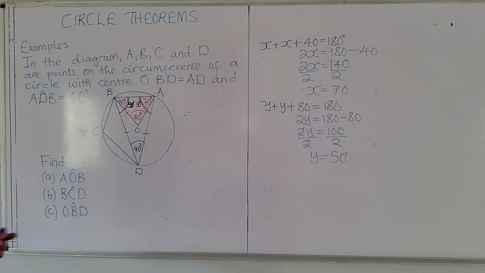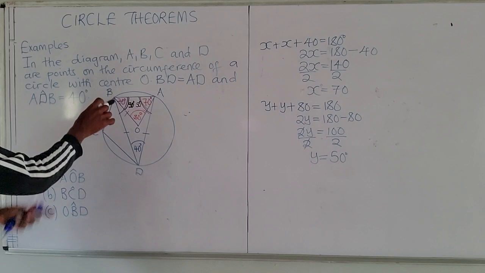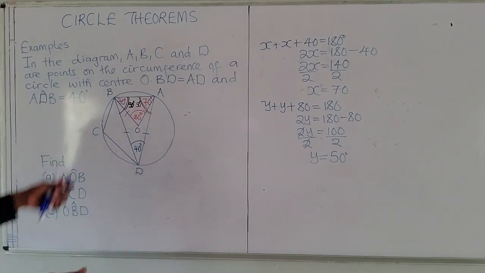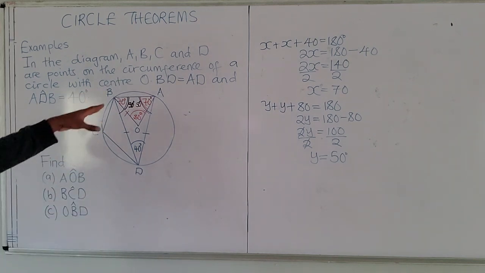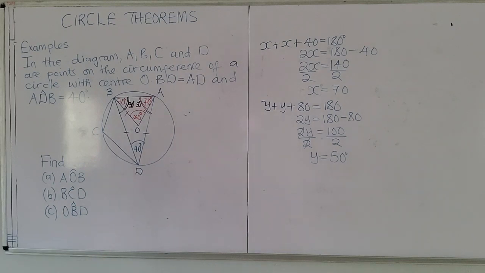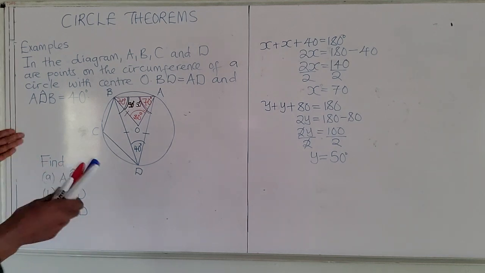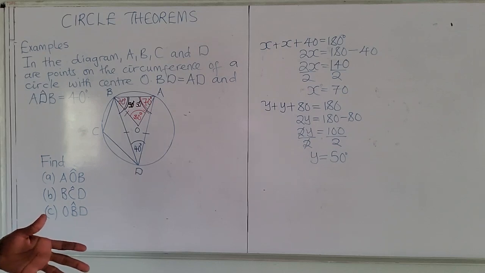Then having done that, we have to know that any shape which has four corners, all touching the circle, is referred to as a quadrilateral. Since all its corners are touching the circle, it becomes a cyclic quadrilateral.